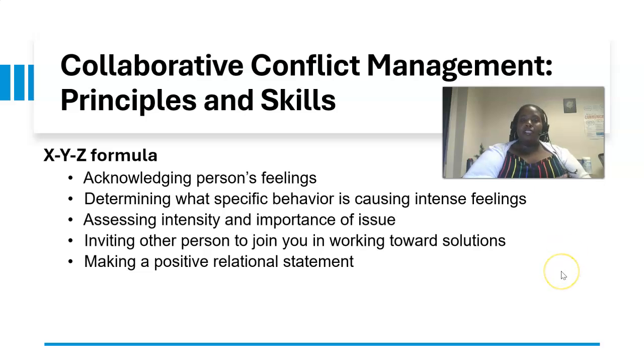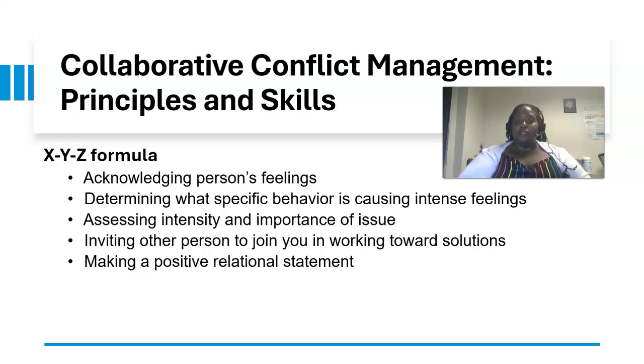So here are some additional skills and principles that we can use with conflict resolution and conflict management. The XYZ formula acknowledges the person's feelings and determines what specific behavior is causing the person's feelings. So we're not talking about them personality-wise or who they are, but just what particular behaviors are causing the conflict.